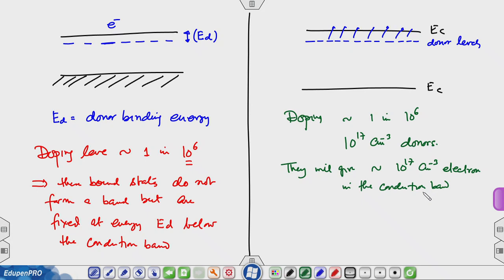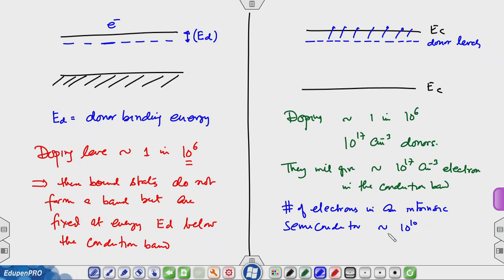Whereas, what we had seen earlier is that the number of electrons in an intrinsic semiconductor is of the order of 10 raised to 10.